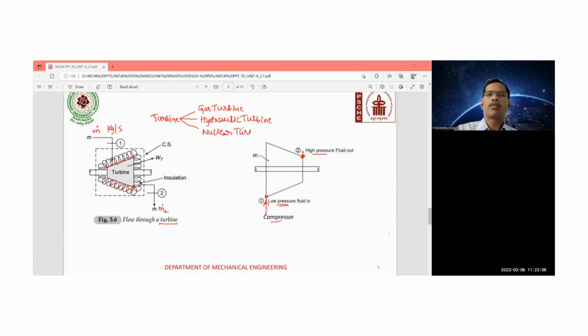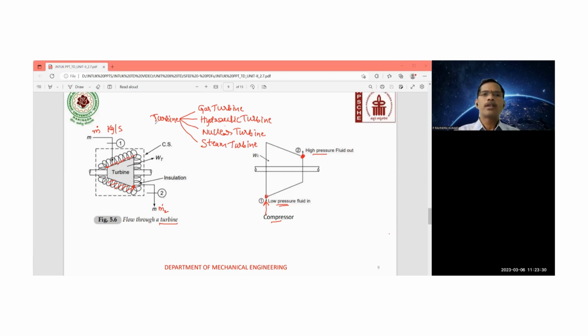Hydraulic turbine means hydropower plant, gas turbine means gas turbine power plant, and another one is the steam turbine. So whatever the turbine may be, there are different varieties: gas turbine, hydraulic turbine, nuclear turbine, steam turbine.